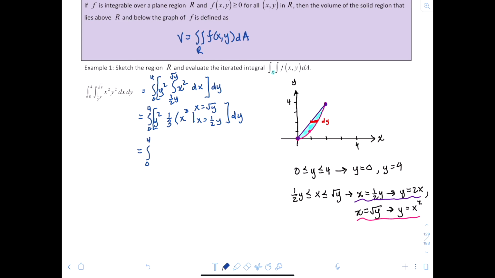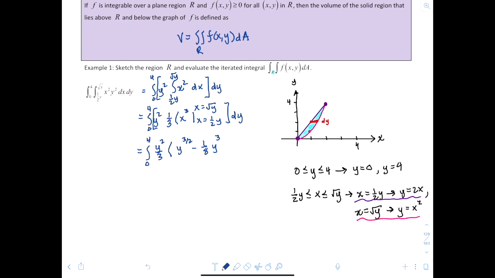Okay, so now we'll have the integral from 0 to 4, and I'll just write it as y squared over 3 times, the square root of y is the same as y to the 1/2, so when I cube that, I will get y to the 3/2, minus 1/8, cubing the 1/2 y, y cubed.